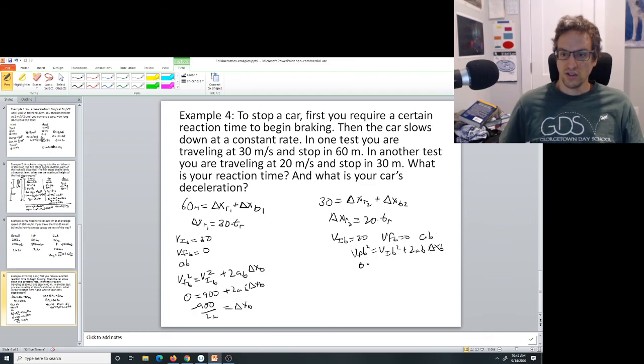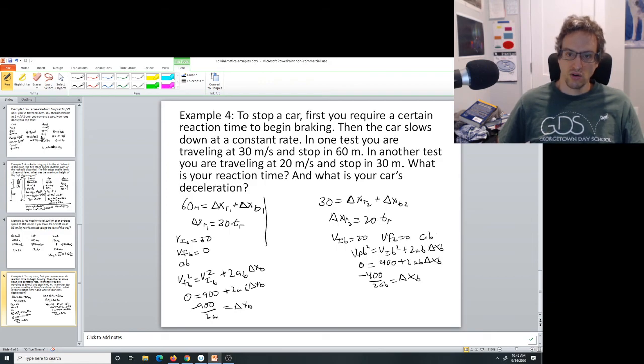This is 0 equals 400, that's 20 squared, plus 2 times a braking times change in x braking. And this gives me negative 400 over 2a braking equals change in x braking.